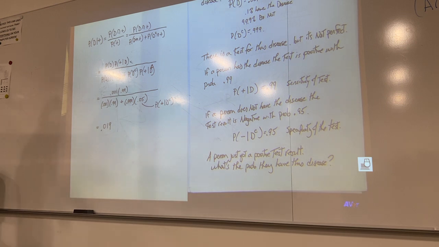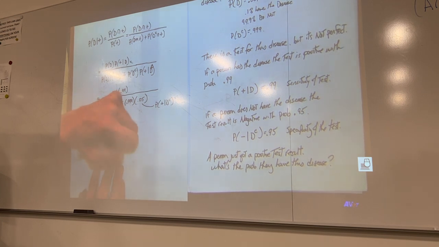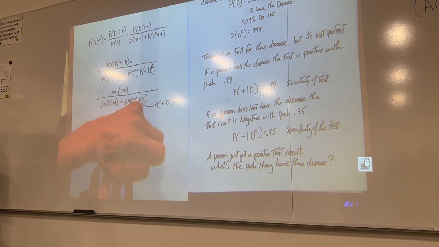That's why I started out saying this was kind of a conundrum or a paradox, right? So with a positive test result, there is a less than 2% chance of actually having the disease.